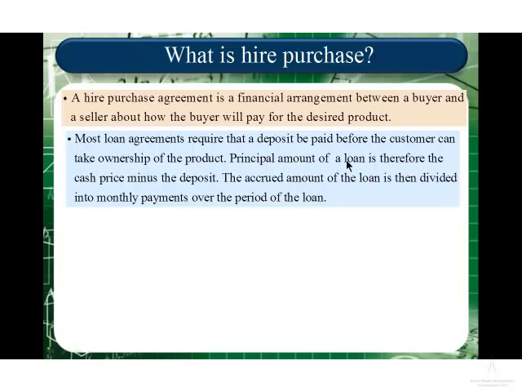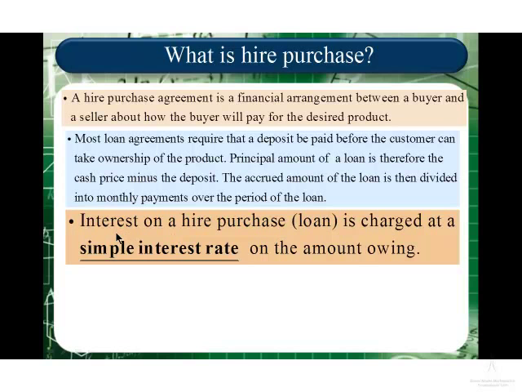Principal amount of a loan is therefore the cash price minus the deposit. The accrued amount of the loan is then divided into monthly payments over a period of the loan. Interest on hire purchase or a loan is charged at a simple interest rate on the amount owing.